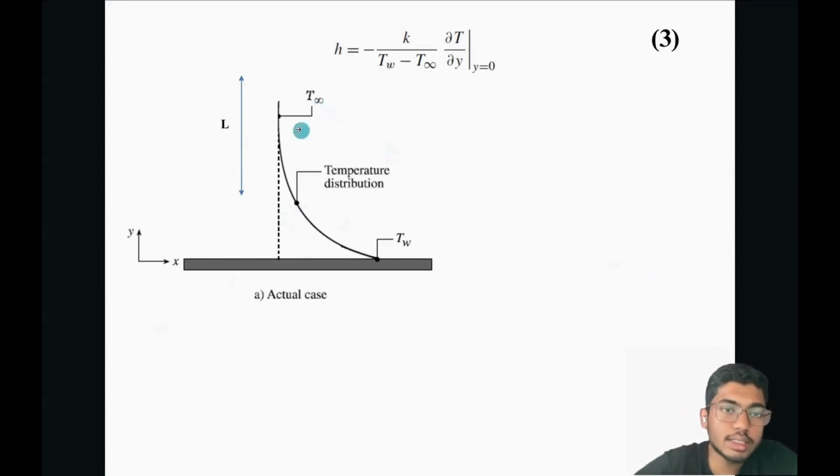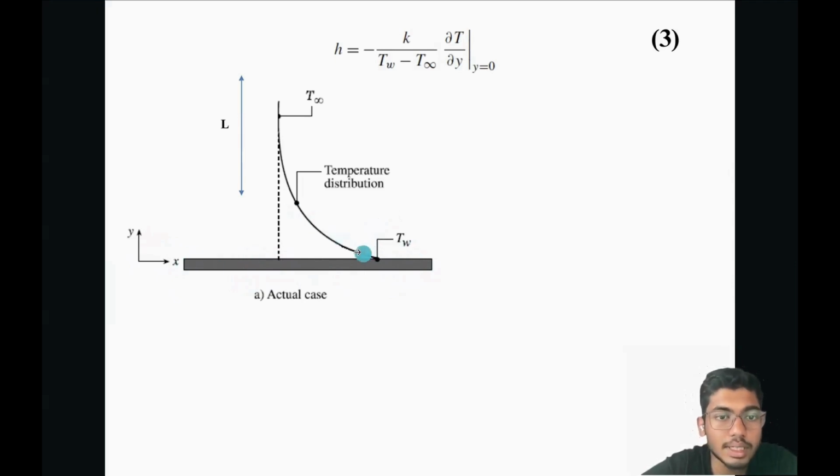Now let us look at this graph carefully. The y-axis represents the distance from the wall, and the x-axis represents the temperature. At y is equal to 0, that is at the interface, the surface of the wall, the temperature is Tw.